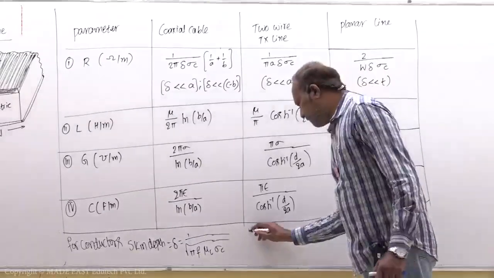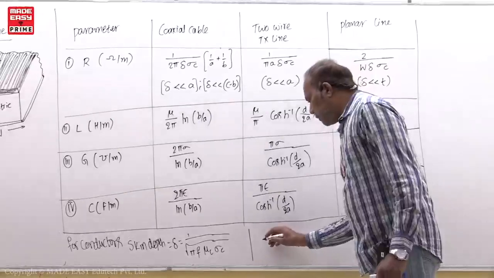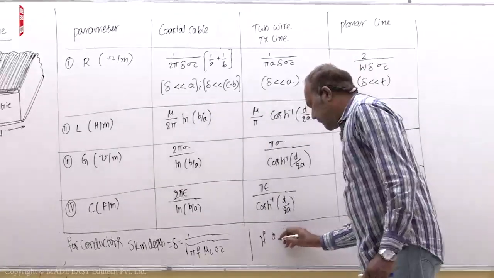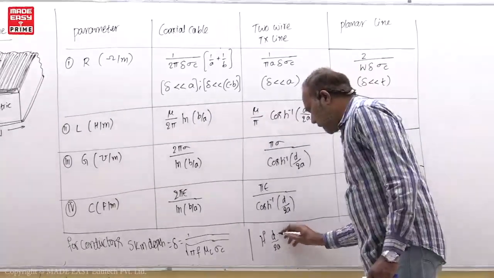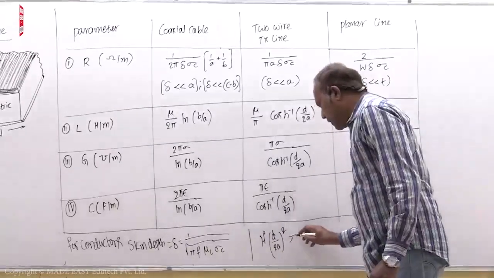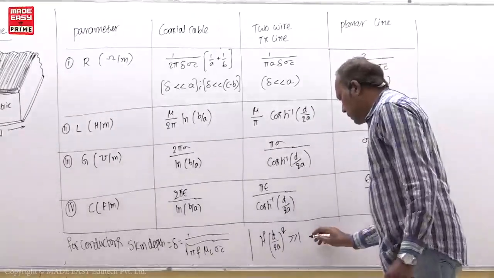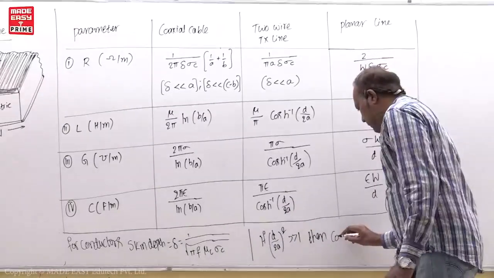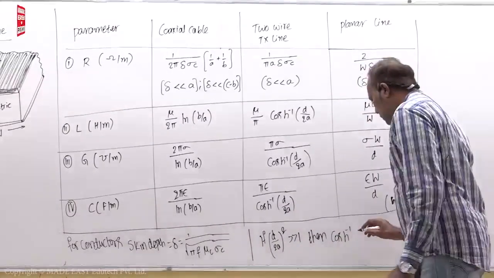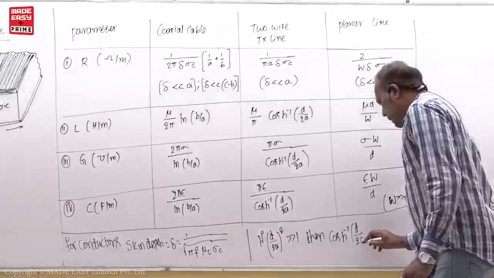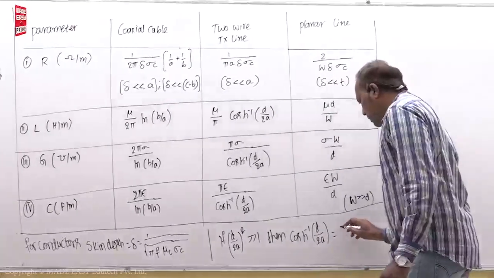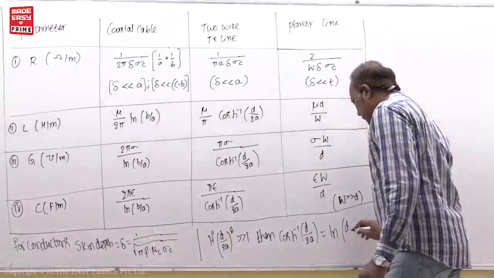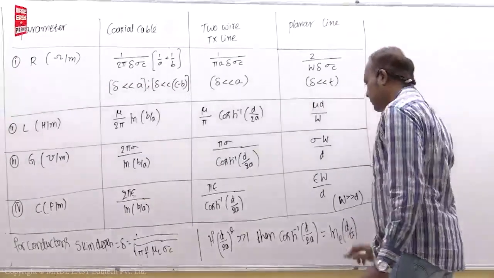That is one thing. And also, if (d by 2a) whole square is much greater than 1, then cosh inverse of d by 2a becomes ln d by a, base e.